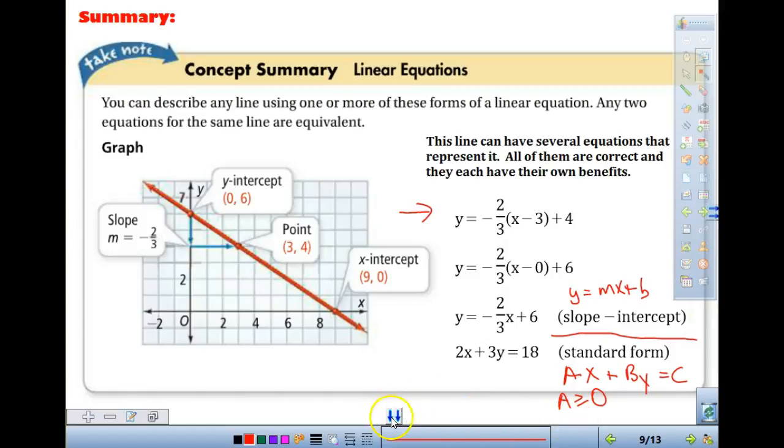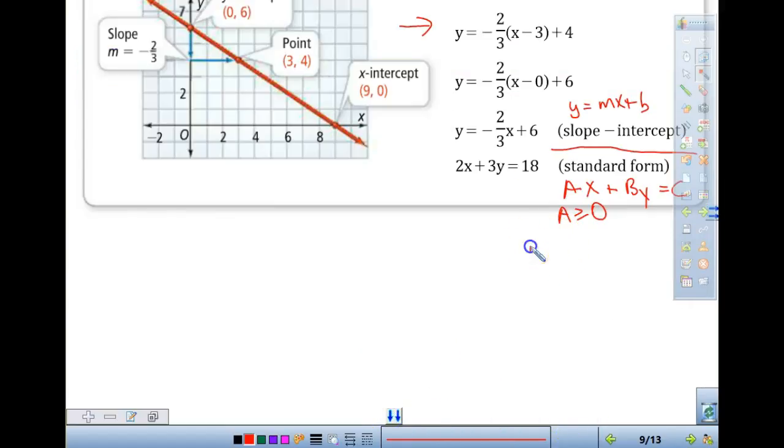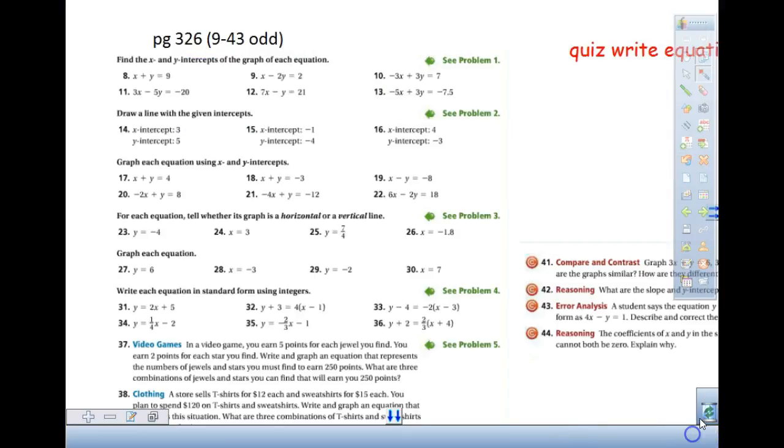So we can have no fractions and no decimals when we think of standard form. The exception, I would say, is sometimes you might have a decimal when you're dealing with story problems with money or something along that line. Then I probably would take that with a decimal.